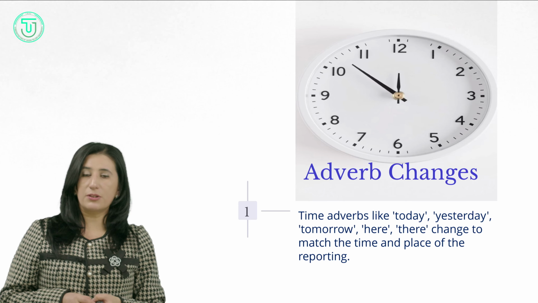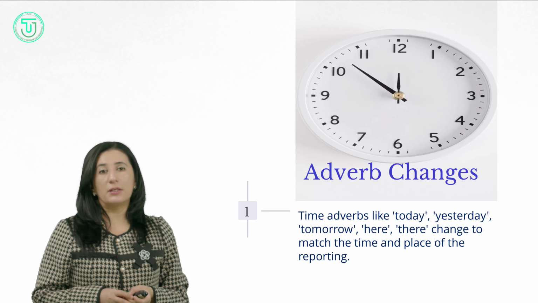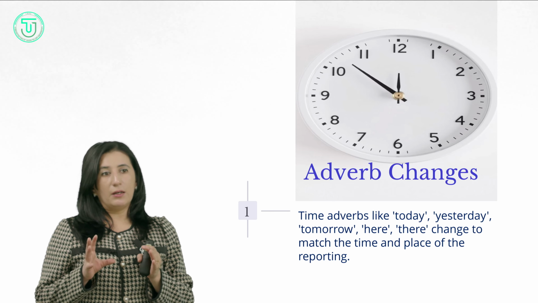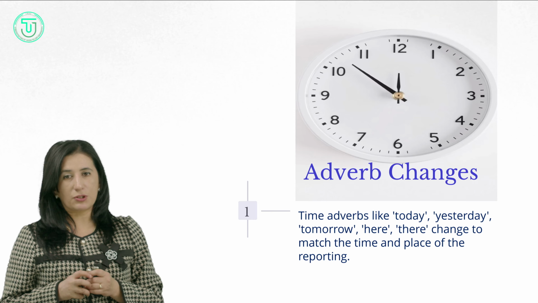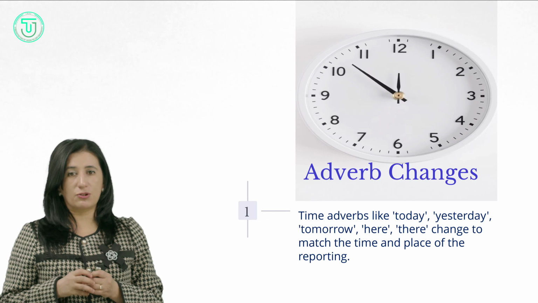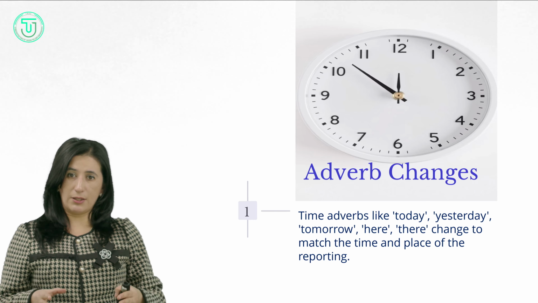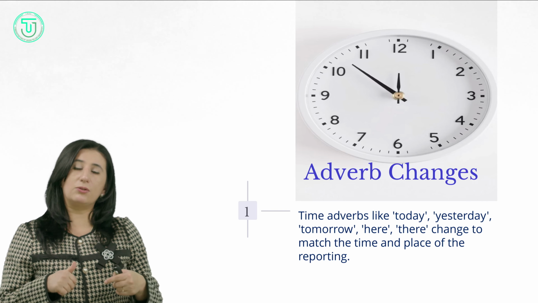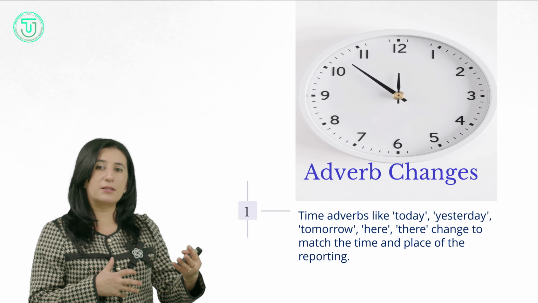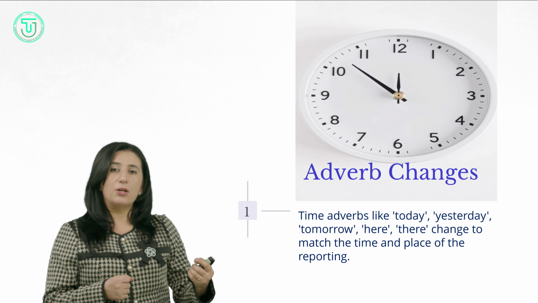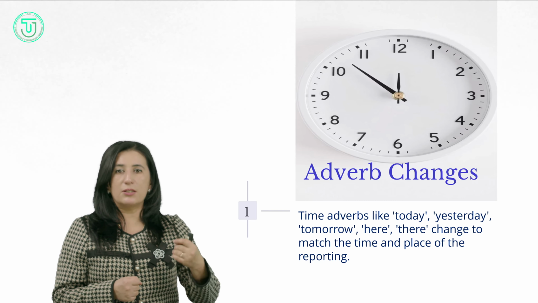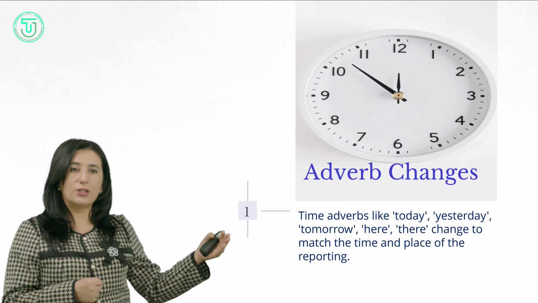Time modifiers and place modifiers play a crucial role in reported speech. If you just learned something and you put it into your thoughts to express in indirect speech, you say not today, not this week. This will change to the past.